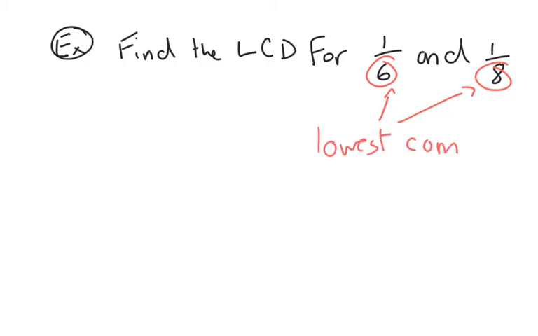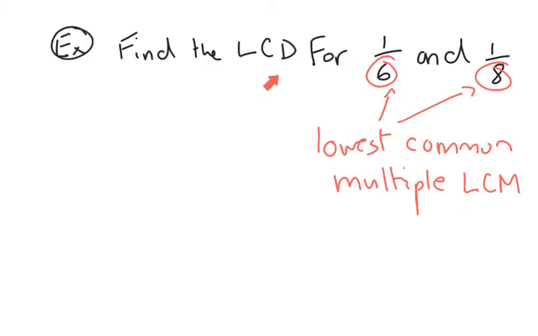Now this is going to get a little confusing because the lowest common multiple is also referred to as the LCM, which sounds very familiar as it is very close to the LCD.